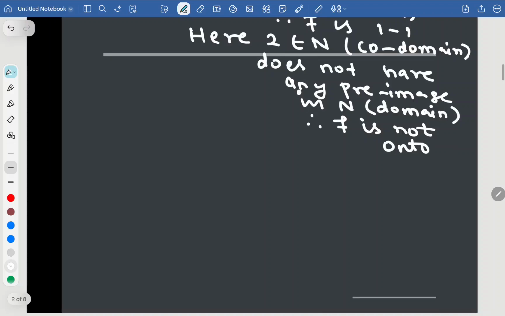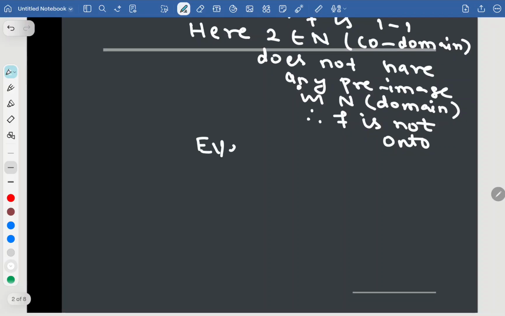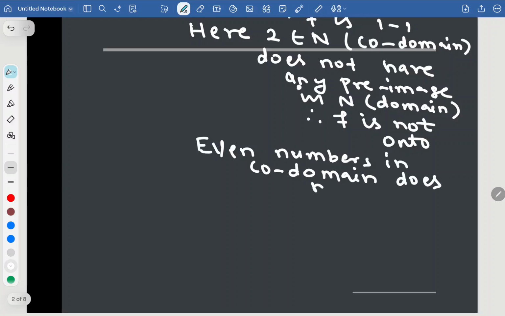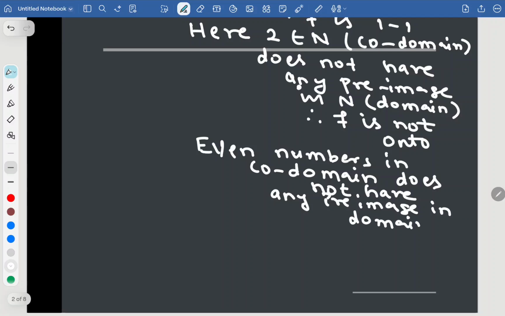Simply you can say even numbers in codomain do not have any pre-image in domain. Therefore, f is not onto.